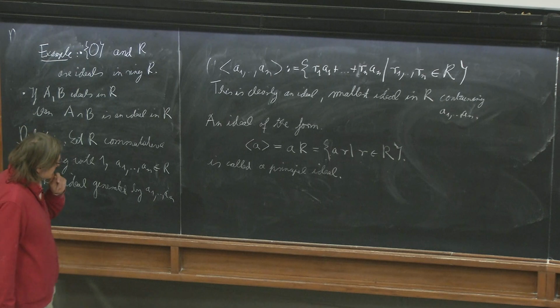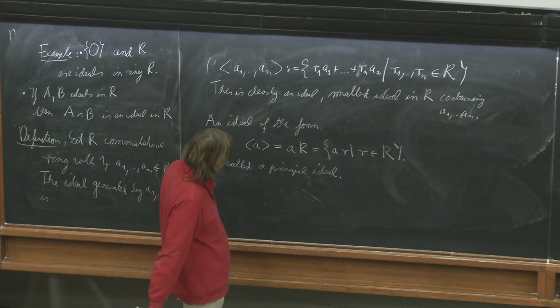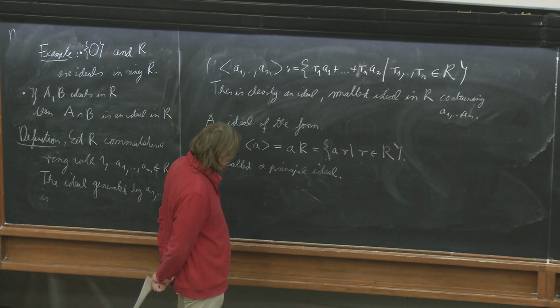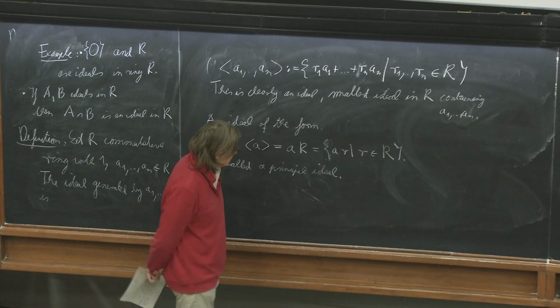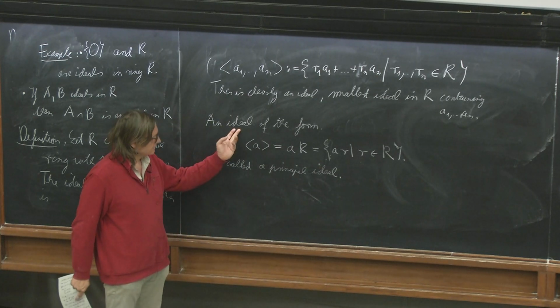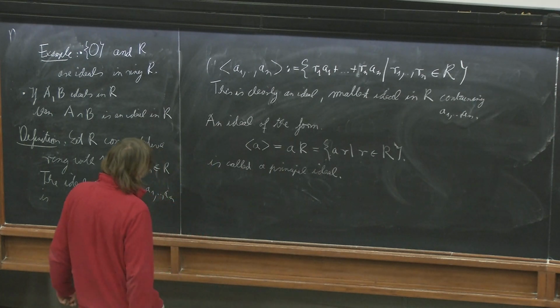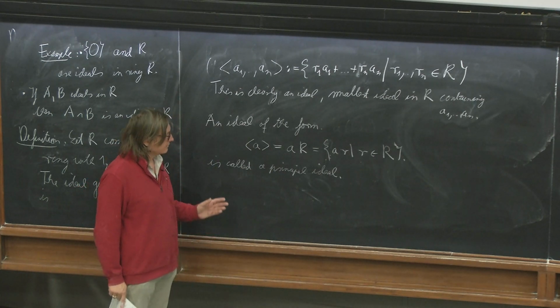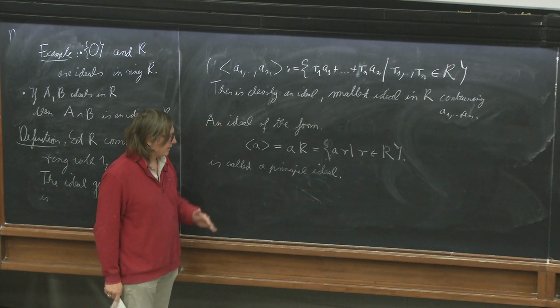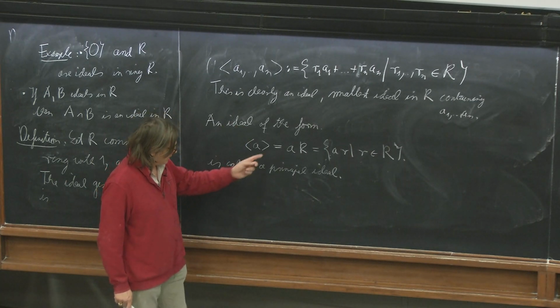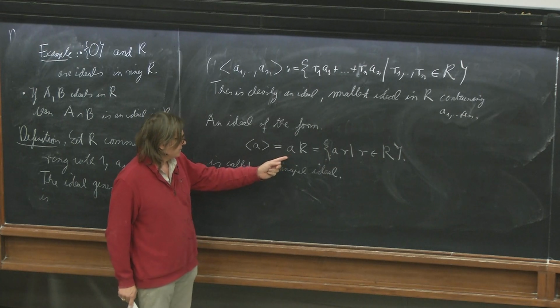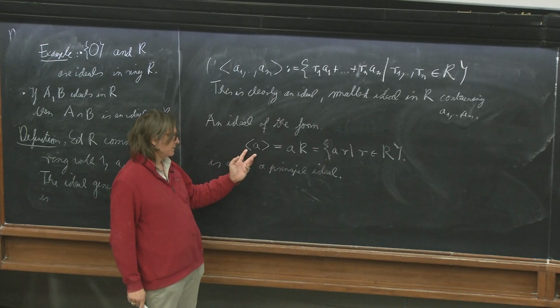And I think this is to some extent the reason for the word ideal. When ideals were introduced, you viewed them as some kind of ideal element of R. So if you have an element A in R, you can associate to it the corresponding principal ideal.